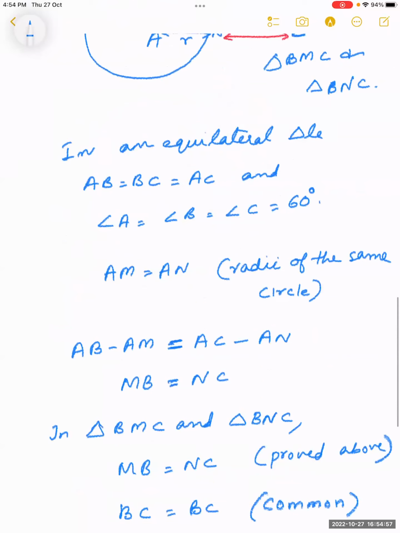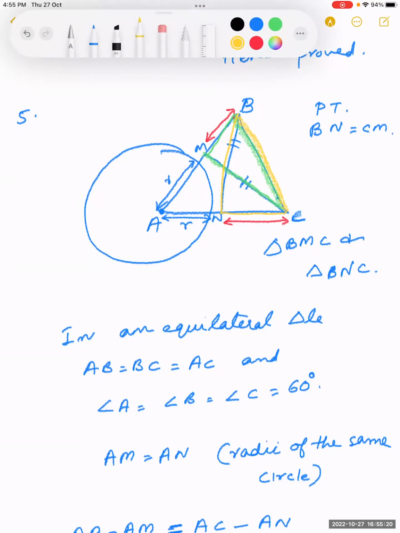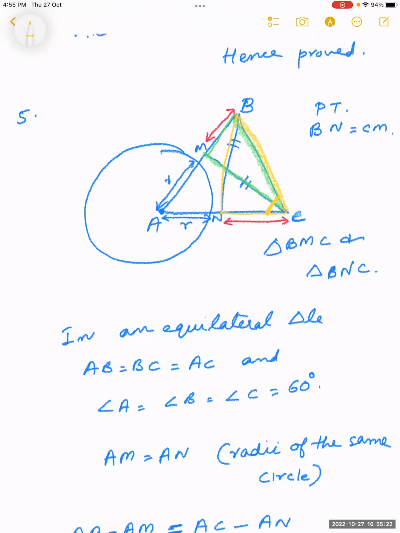So BC you have identified. Now, look at the yellow triangle. In the yellow triangle, I hope you can see that, right? In the yellow triangle, we are getting the complete angle C, the full angle C. Only if you consider the yellow triangle, we are getting this entire angle.